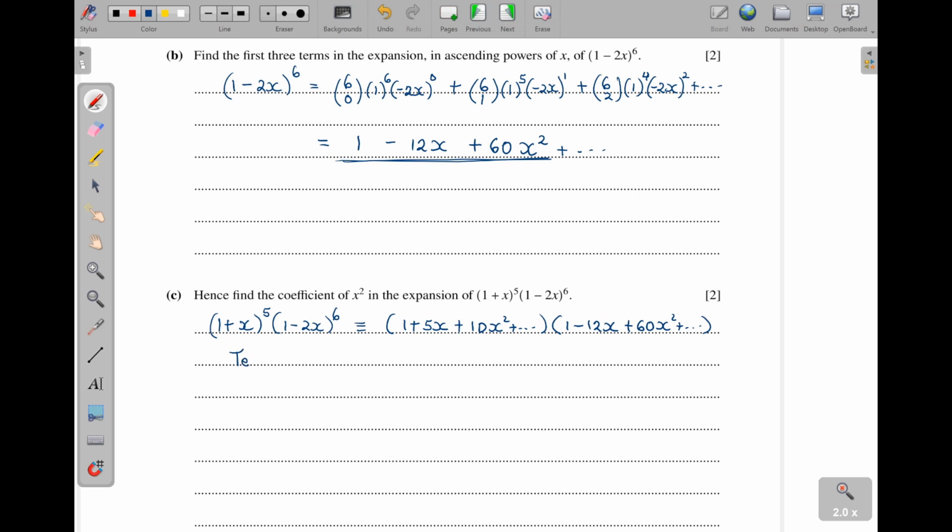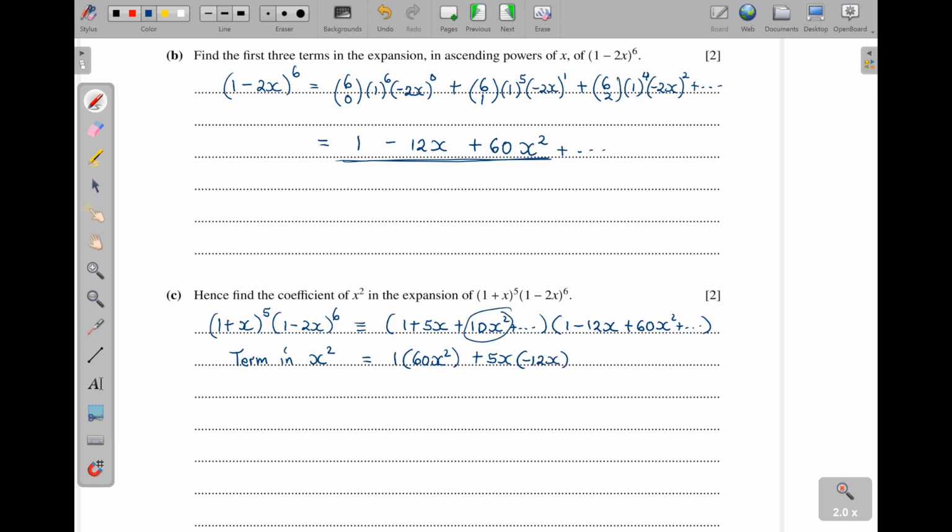So the term in x squared is going to be equal to this one multiplied with this one here. So I'll have 1 times 60x squared. Then this 5x will multiply with this one here, so we shall have plus 5x times negative 12x.